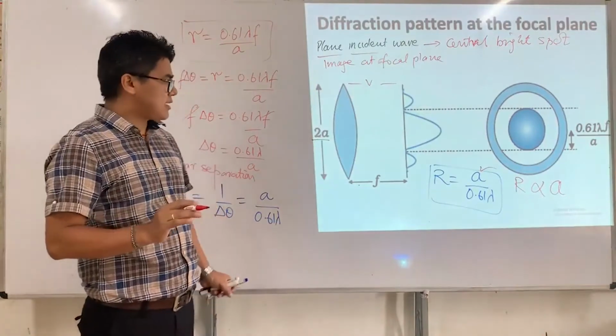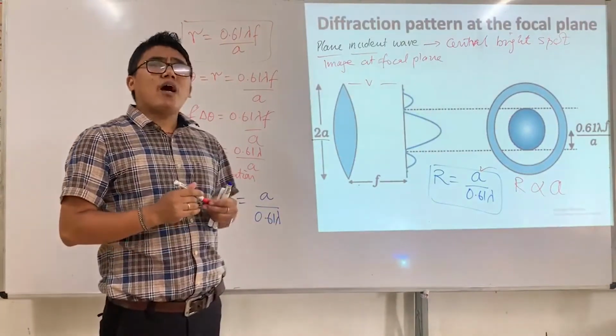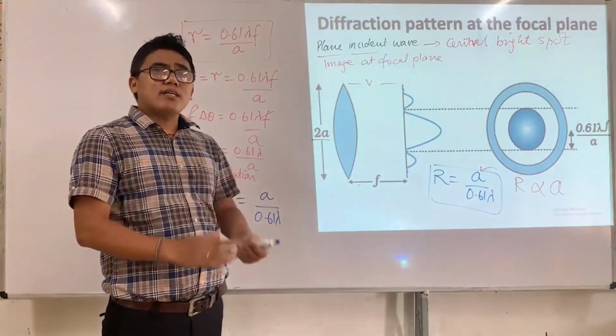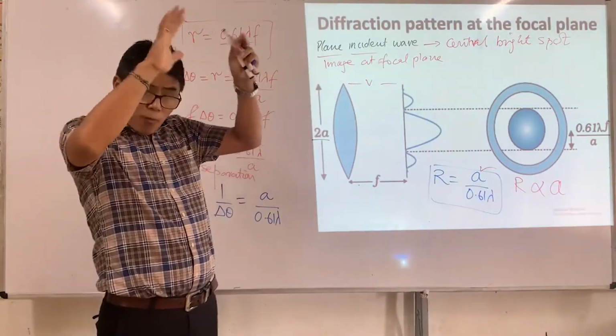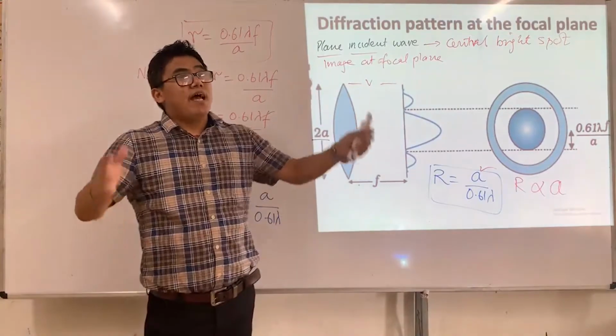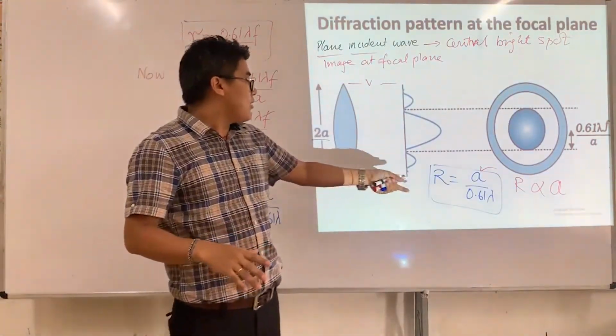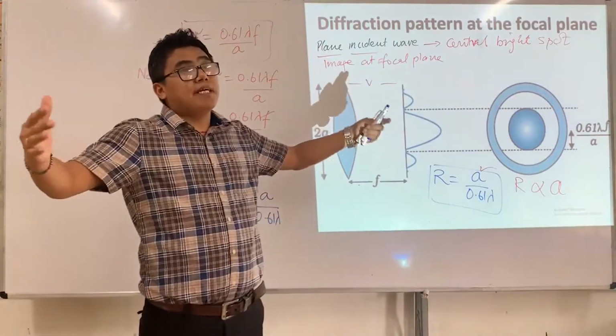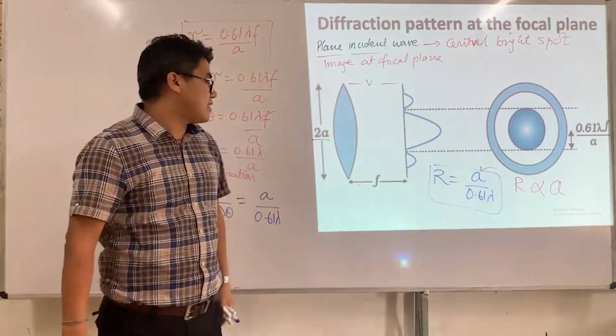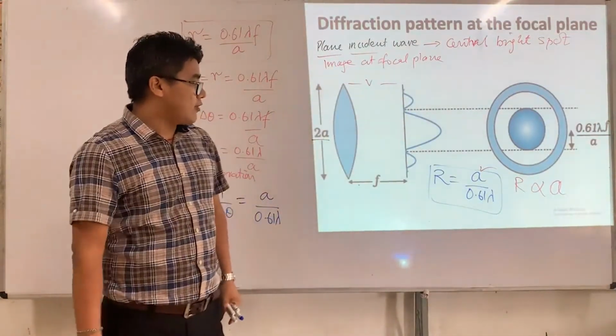Therefore, we always try to construct the objective lens as big as possible, and how to build a bigger objective lens we have discussed in detail in ray optics.